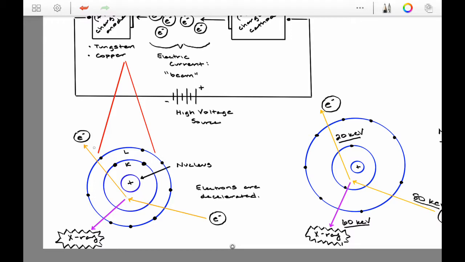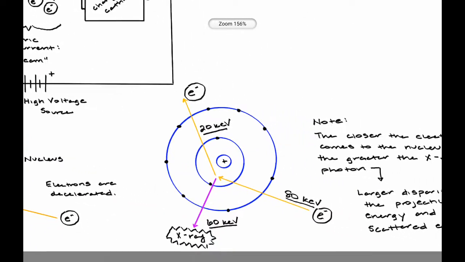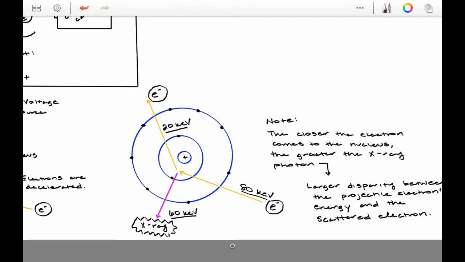This loss in energy and change in direction is going to result in the production of an X-ray. We're going to add some numbers to it over here in the same diagram. These electrons are fired with a certain amount of energy towards the atom, and we're just going to pretend that this is 80 kilo electron volts.